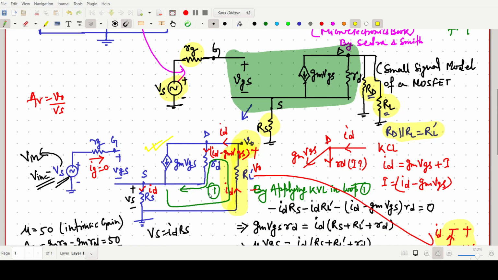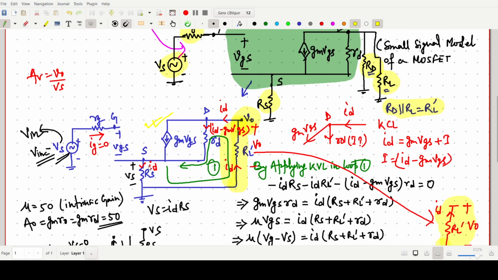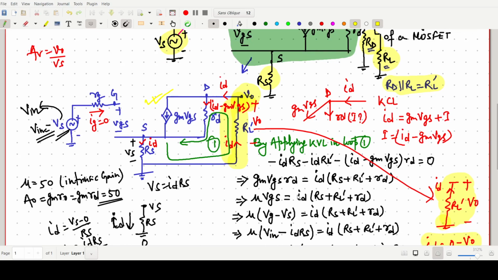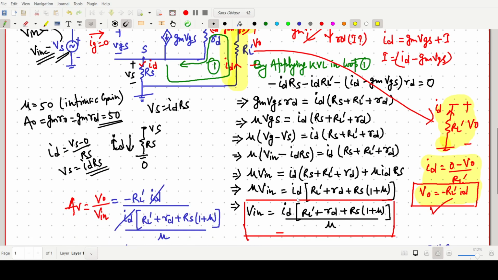Then we have to know there is an ID current in the source. We apply Kirchhoff's voltage law in this section. After writing Kirchhoff's voltage law, we get V in as an ID term, where ID is unknown.